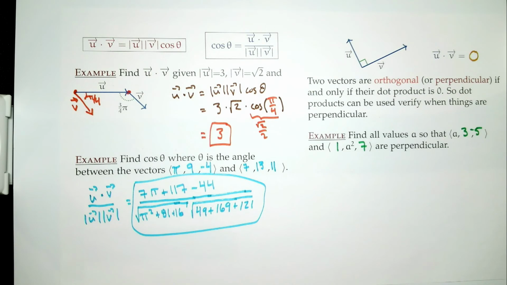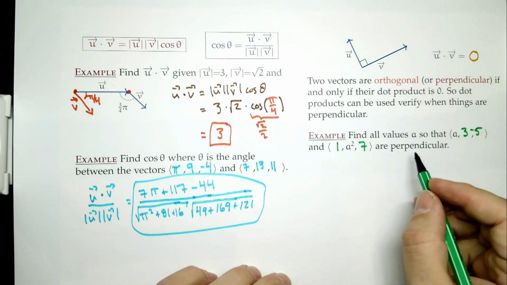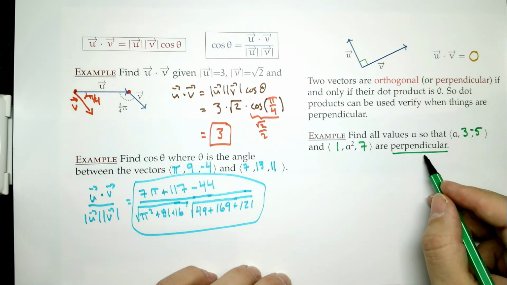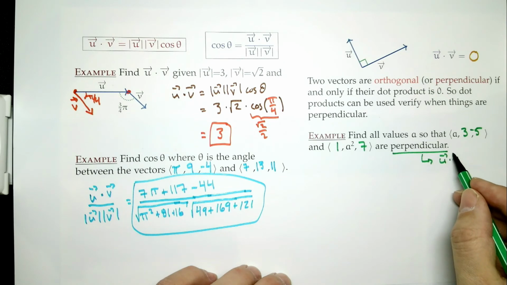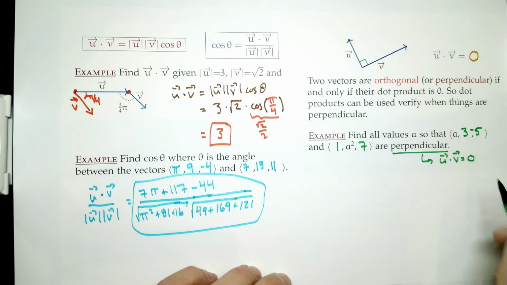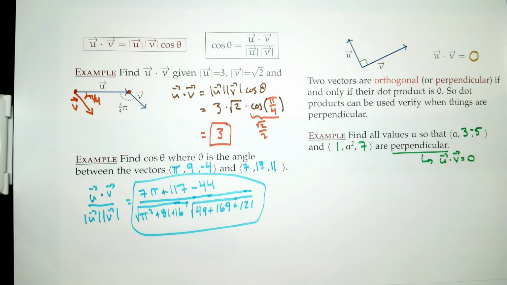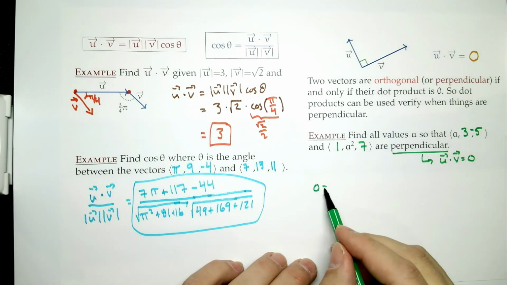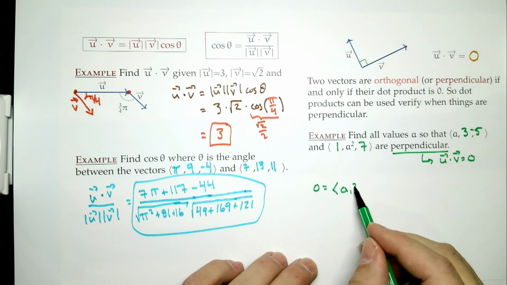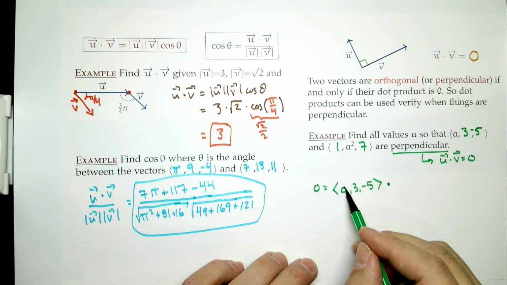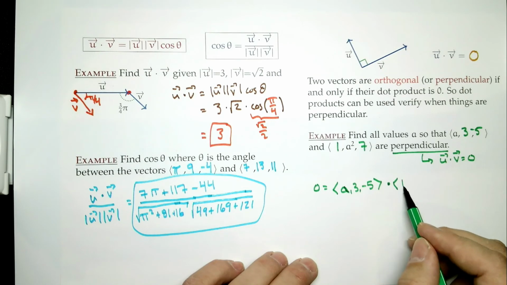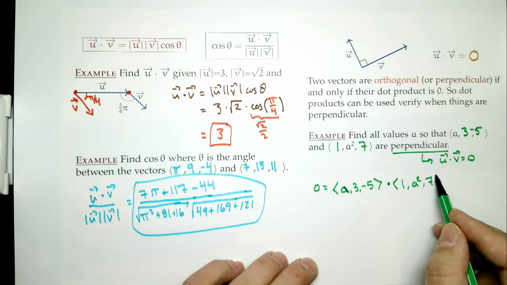They're perpendicular. What needs to be true? Dot product equals 0. So whenever you see the word perpendicular and there are vectors involved, one of the things you should remember is that the dot product had better be 0. Okay, so 0 has to equal (a, 3, -5) dot (0, 1, a squared, 7).